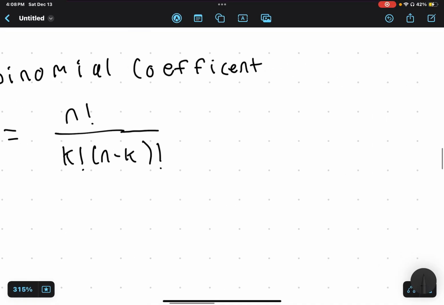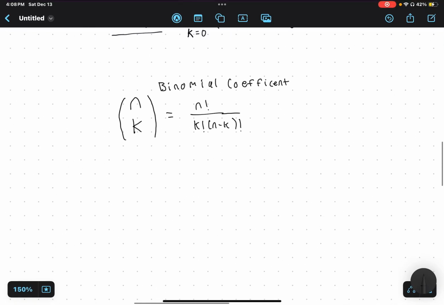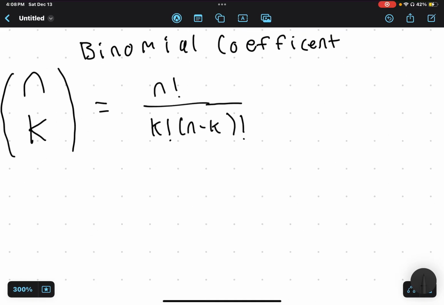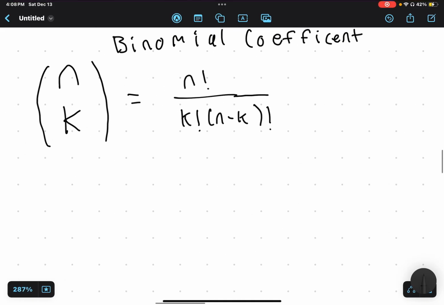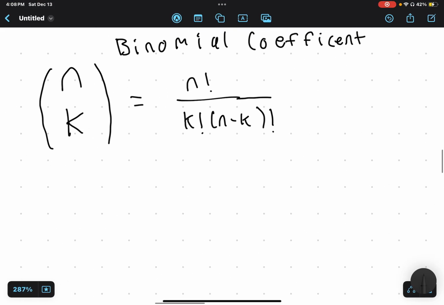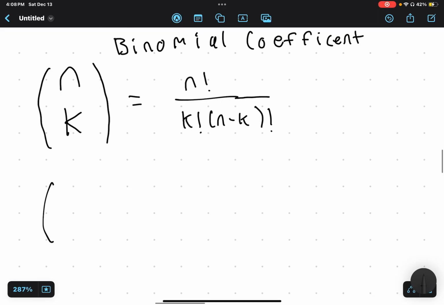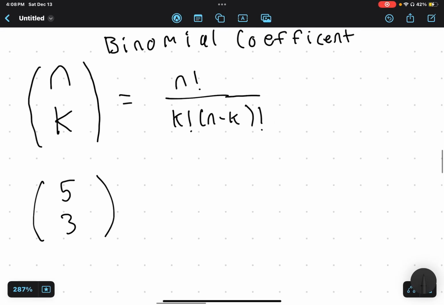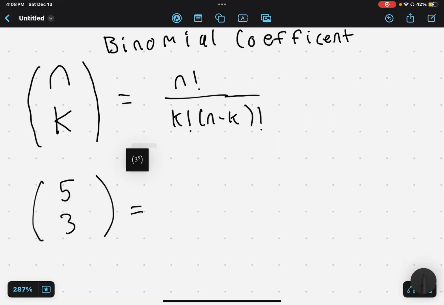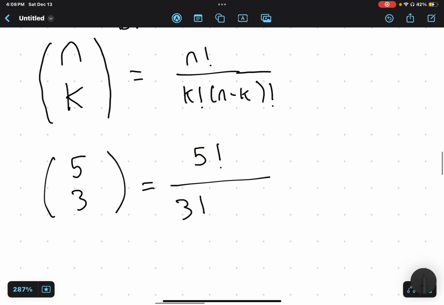We're hearing factorial a lot, but what does it actually mean? Well, I'll show you. Let's say, I'm going to try to pick an easy number here, we have 5 choose 3. Now we plug in our variables, and that is 5 factorial over 3 factorial times (5 minus 3) factorial.